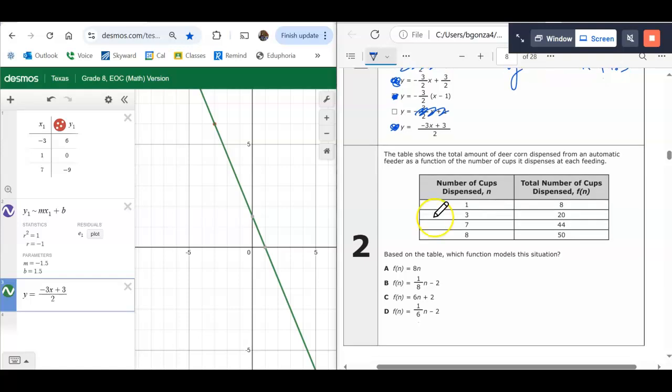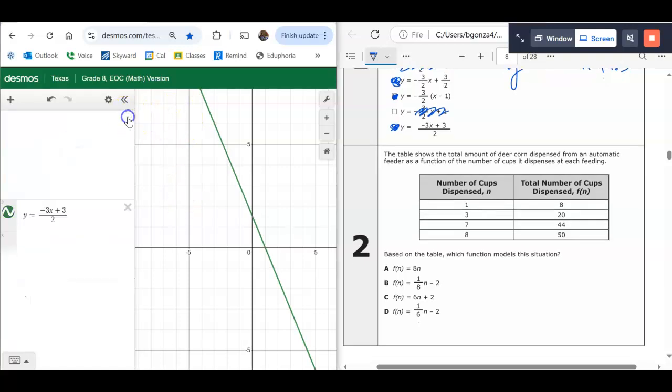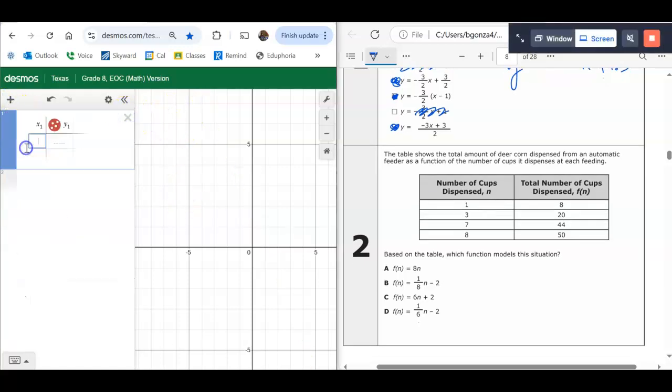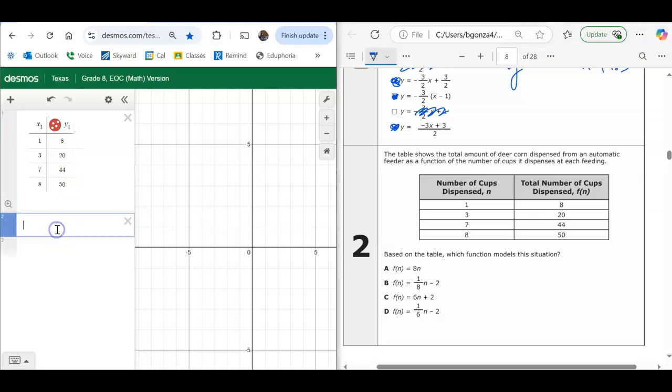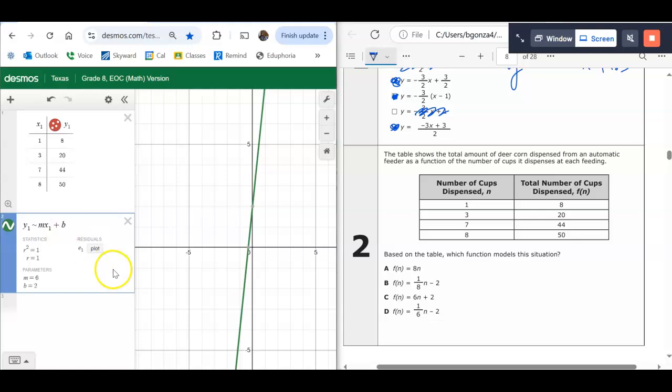Number 2, again, if you have a table, you clear everything out, start all over, new table, 1, 3, 7, 8, and 8, 20, 44, 50, y1 squiggle mx1 plus b gives me 6 and 2.